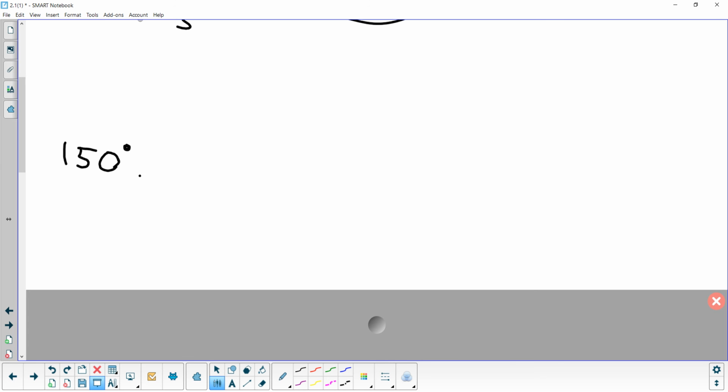All right, let's try this one. 150 degrees. Where would I want degrees to go this time to cancel out degrees here? On the bottom. Yeah, we would want degrees in the bottom, which means radians is in the top. I'm not going to write RAD this time. Just pretend it's there, but it's invisible.